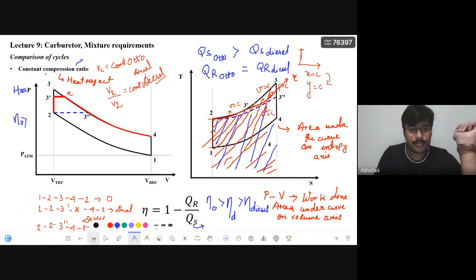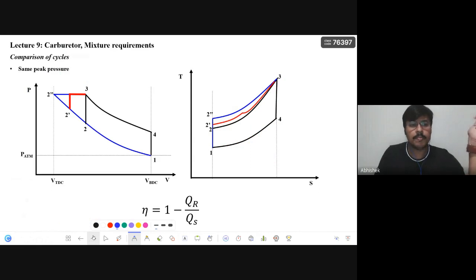Then the next case we'll see is the same peak pressure. So the peak pressure, in an Otto cycle, when is it achieved? The same marking I have done: 1, 2, 3, 4, 1 is the Otto cycle, marked in black. The blue lines are for the diesel cycle, and the red lines are for the dual cycle.